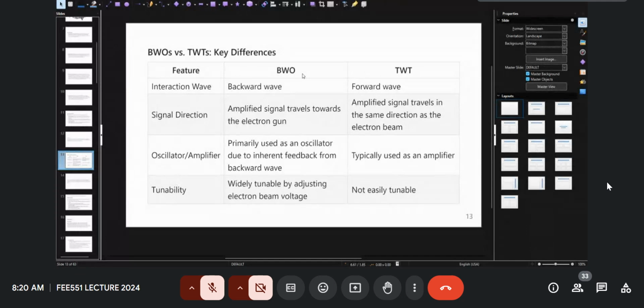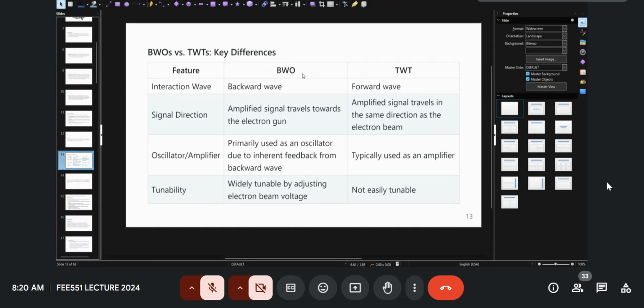As I have already highlighted, the BWO makes use of the backward wave, where the direction of the wave is different from the direction of the energy of the wave. The forward wave is the opposite, in that the direction of the energy of the wave is the same as the signal direction.